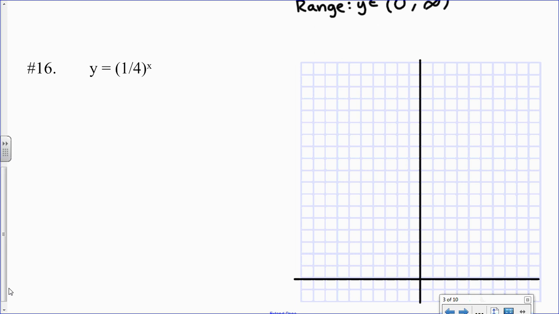This time, my parent function is y equals 1/4 to the x. So I'm still going to plug in -3 to 3 in my table.